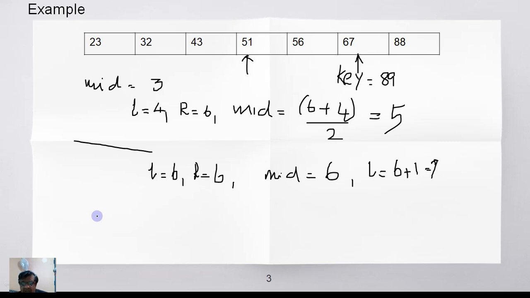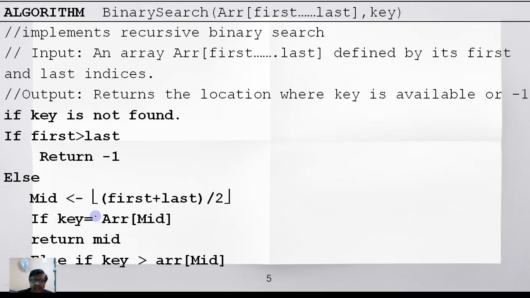So with this, anyway if key is present, A of mid will be equal to key. With this knowledge, we will go and discuss the algorithm. It is a recursive algorithm which is written over here. Algorithm binary search. You should not name the indices 0 to R, because it will become very specific.